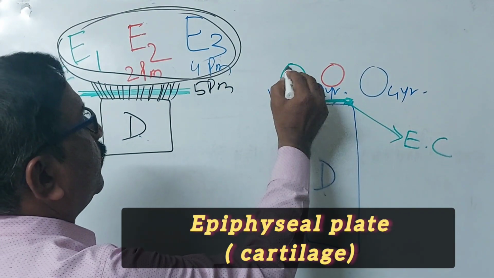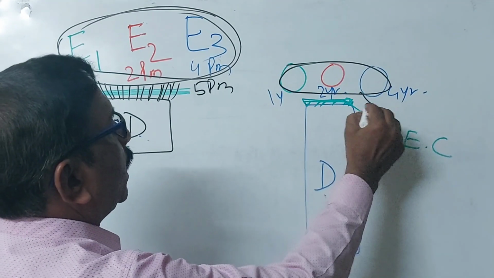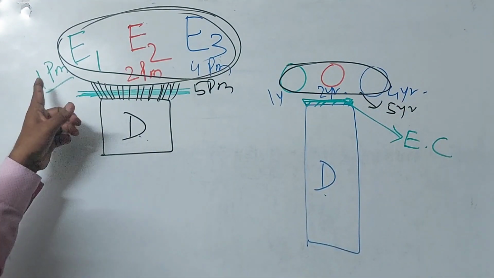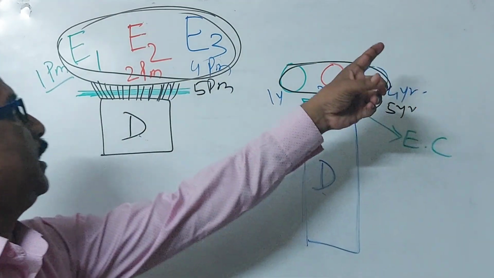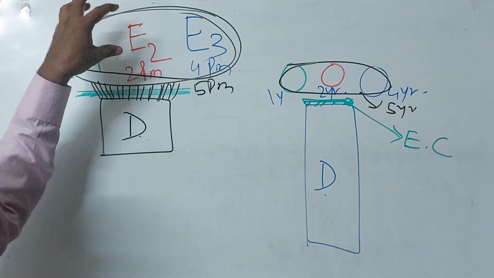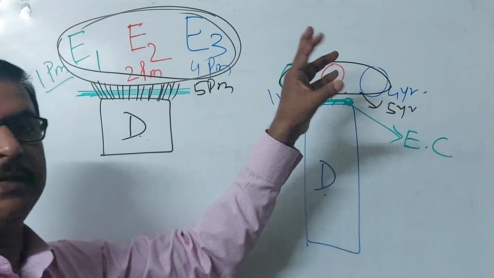Now these 3 epiphyses join together at around 5 years. So now you correlate 1 p.m., 2 p.m., 4 p.m. means 1 year, 2 years and 4 years after birth, and their fusion among themselves at about 5 p.m. means about 5 years of age.